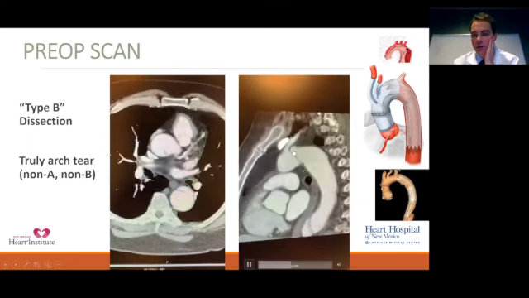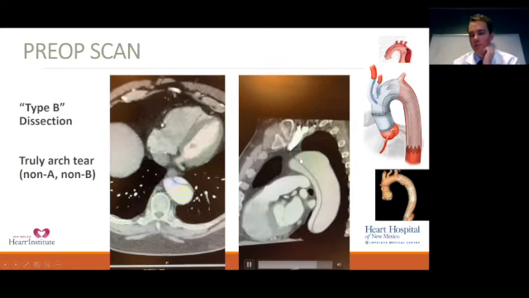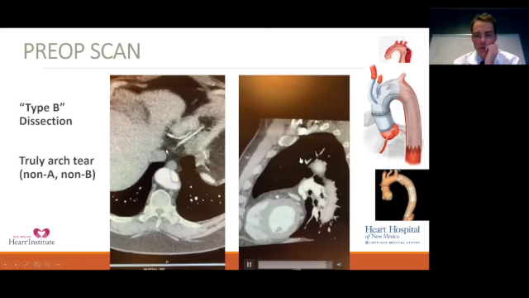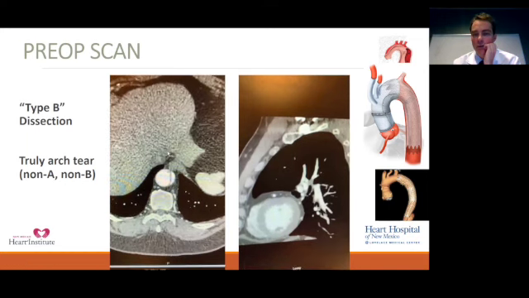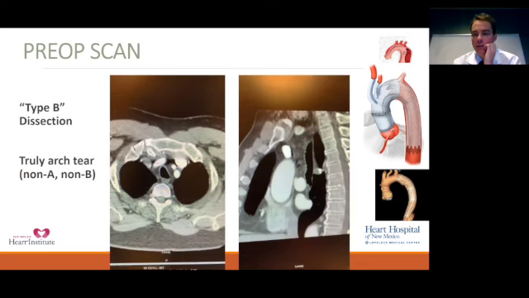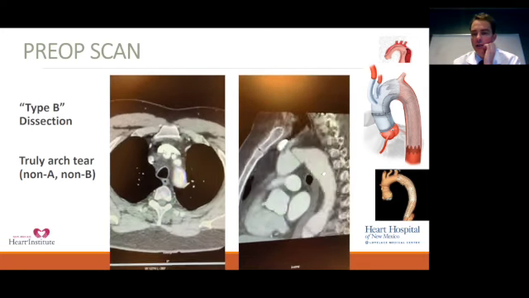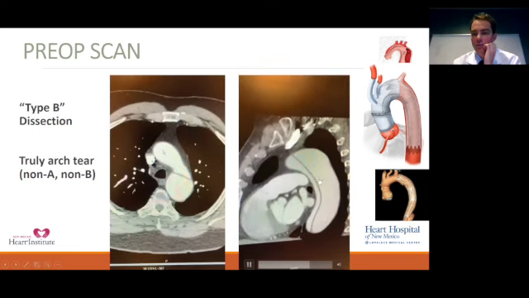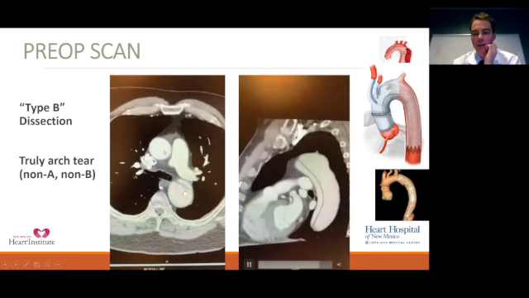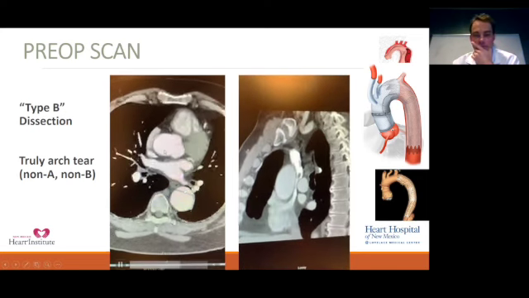It's up here in the arch. And so, historically, this patient would have been just treated with medical therapy. But what you can see is that already within 6 months, this aorta is falling apart. And so, this is this false lumen that I talked about that doesn't have the same structural integrity. This is the true lumen, that tiny sliver of a thing on both of these images where the blood flow is supposed to be going.